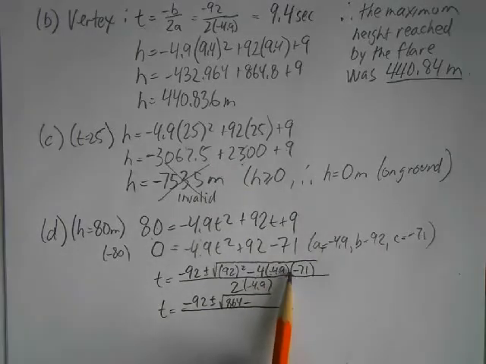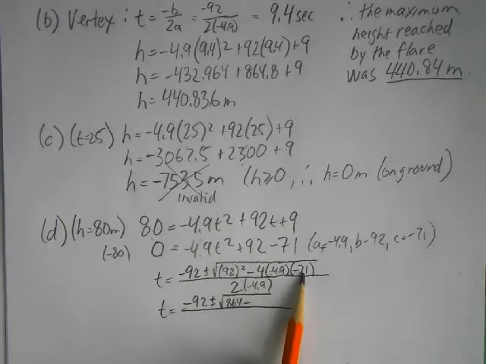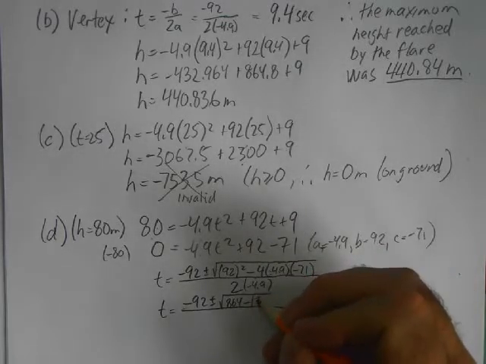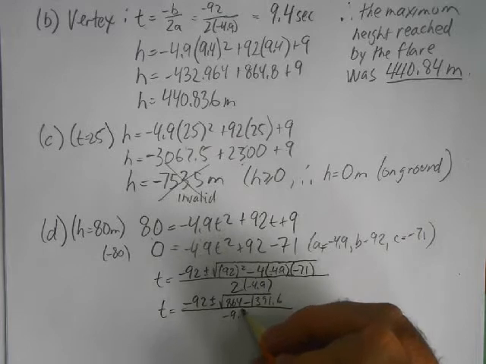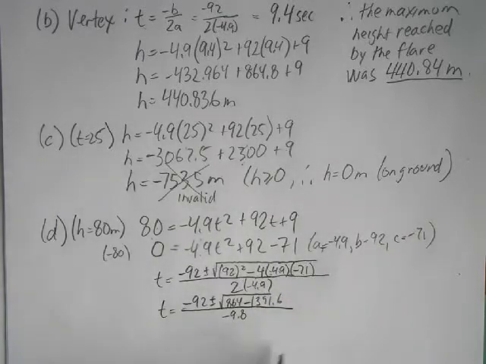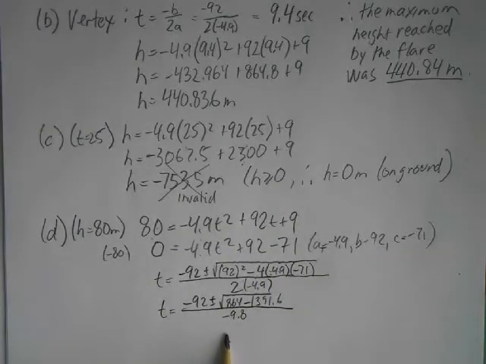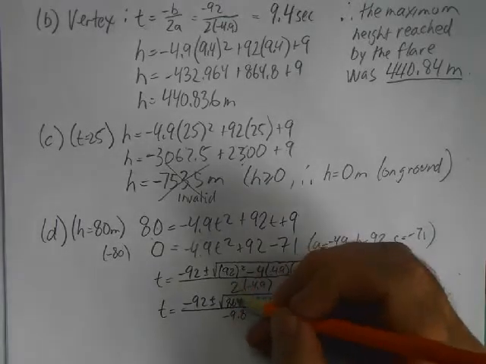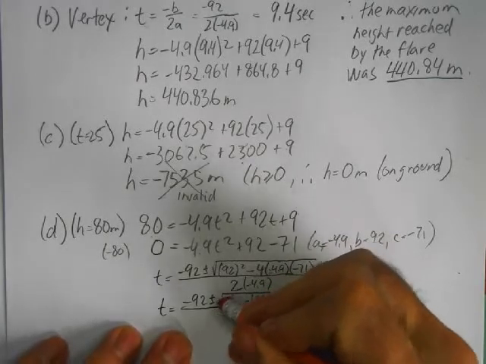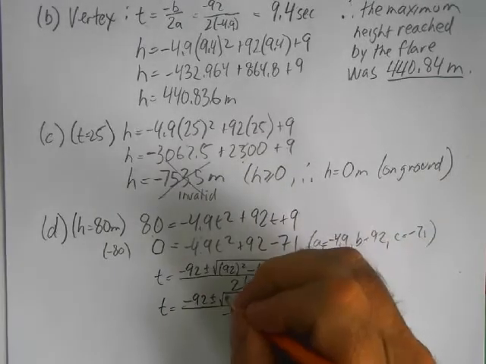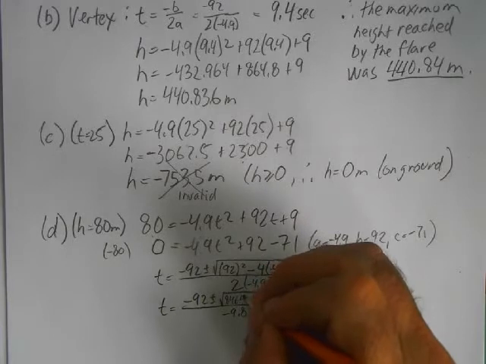When I multiply those 3 numbers, 4, 4.9, and 71, I get 1391.6. And on the bottom, negative 9.8. I forgot, this should be 8464. It looked a little small compared to the other number.